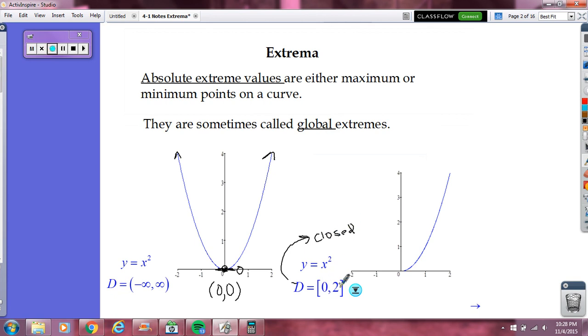So 0 is included, 2 is included, and we're looking at all the x values in between. When we just consider that, the furthest down that our function will achieve is at a y value of 0. So that point (0, 0) is our global minimum.